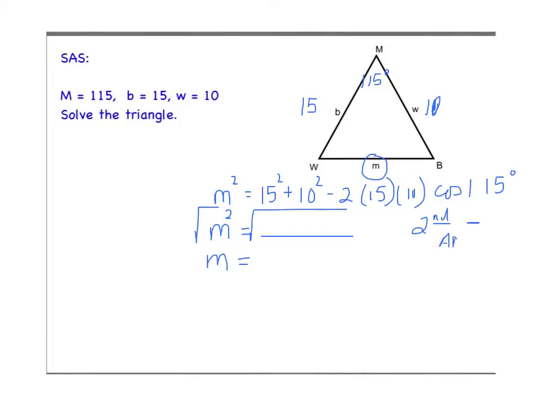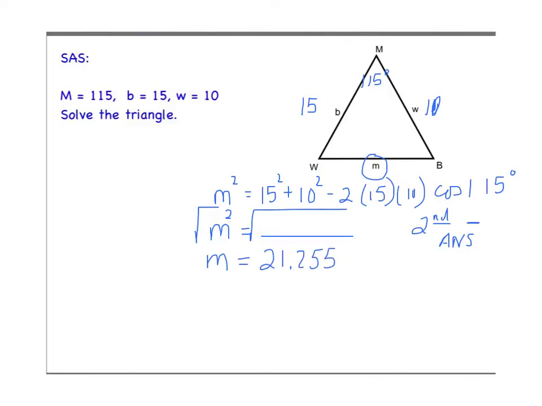That's a calculator thing. I don't know how to show you that on here. But second answer will get you the answer, or just take the square root of it, and you'll get 21.255. So what did we find?